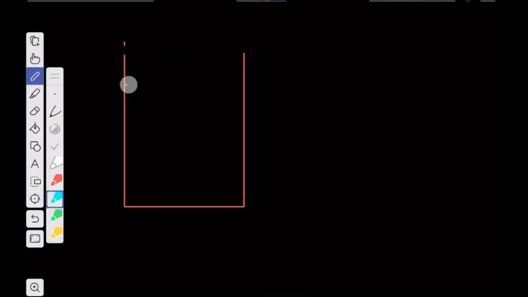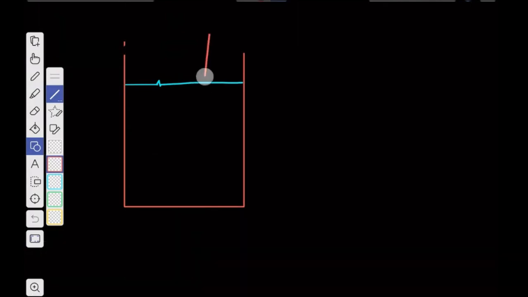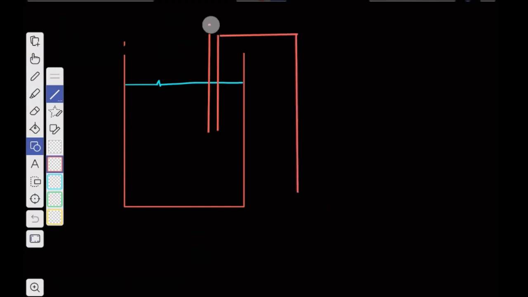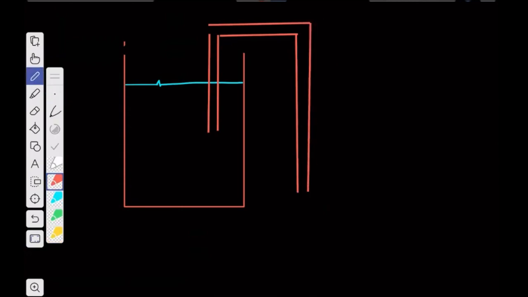Suppose we have filled fluid up to this level, and we are going to insert a tube whose one end is inside the liquid and the other end is outside.